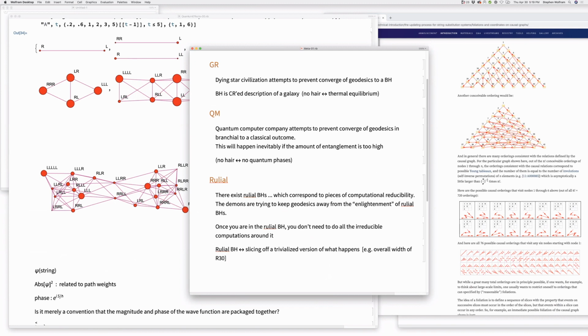So the demons, I see. Okay, look. The demons are trying to prevent trivialization in the following sense. What you're trying to prevent is that the only thing you care about is something which is ultimately trivial.